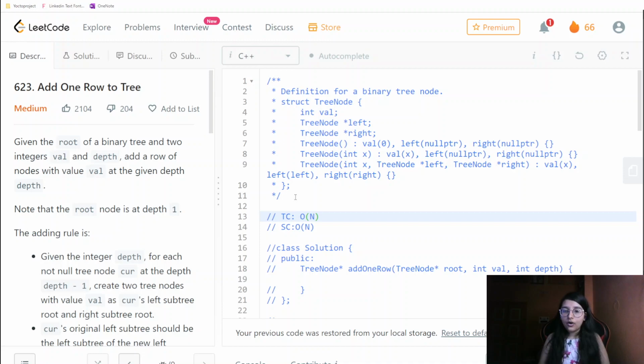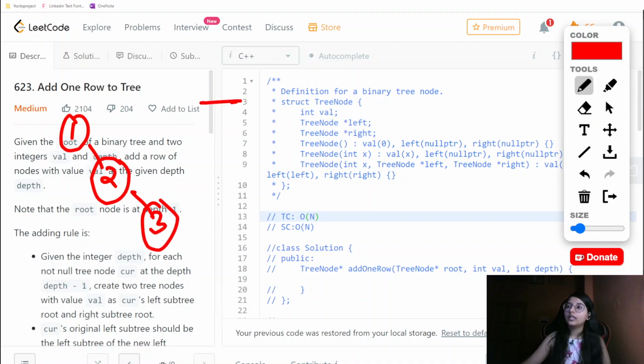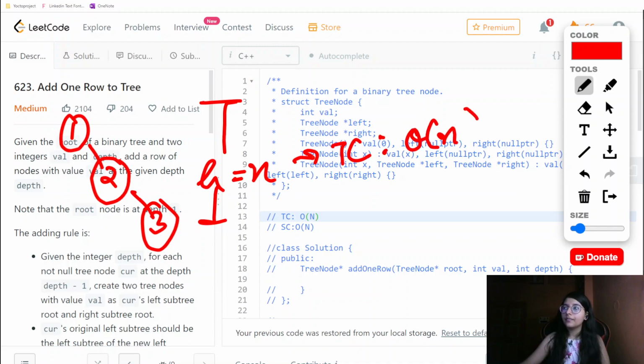That's why the space complexity is order of n, and the time complexity is also order of n, because, let me explain, if the tree becomes a skew tree, the height of the tree will be equal to n. Because of this, time complexity becomes order of n. The same goes for the stack, which at that time would have at most n nodes. So that's why space complexity becomes order of n.